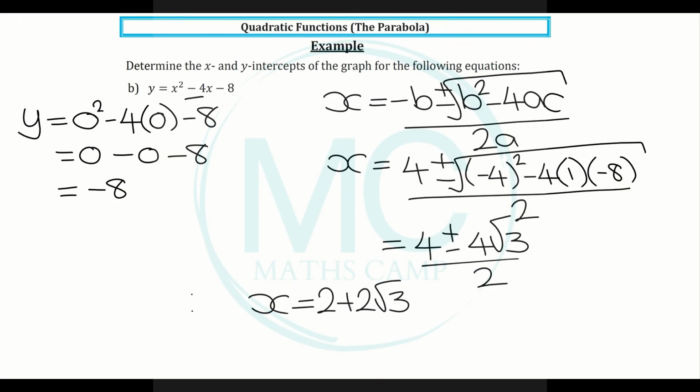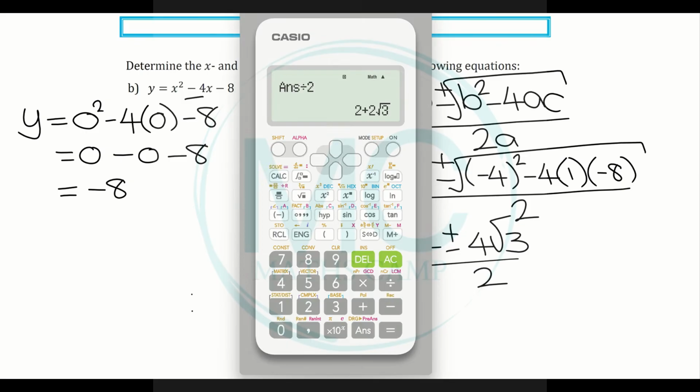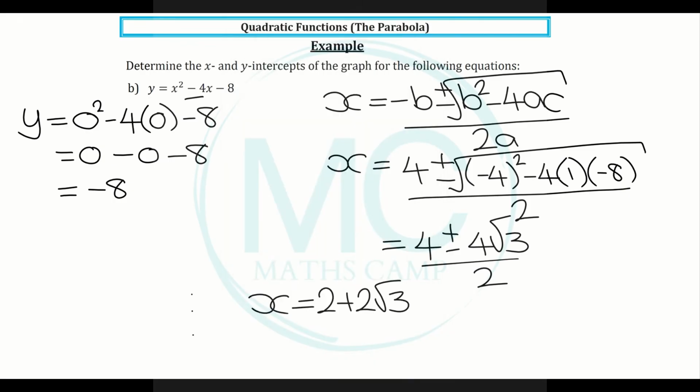Now let's find x when we use the minus sign in the numerator. So I can say 4 minus 4 root 3 all over 2 is equal to 2 minus 2 root 3. So x is equal to 2 minus 2 square root 3. These are my two x-intercepts.